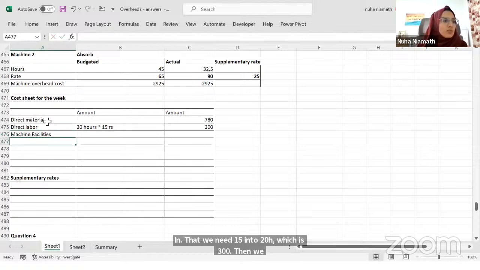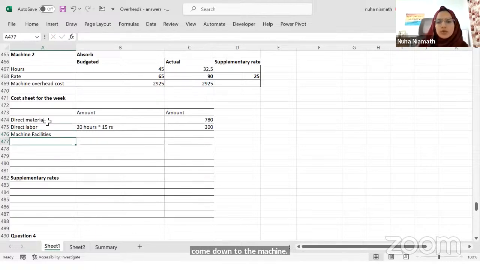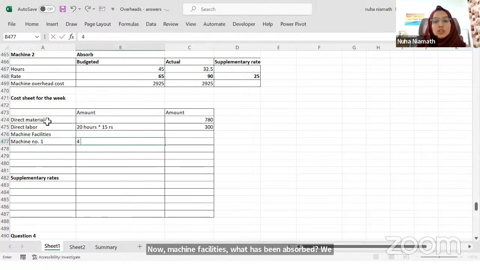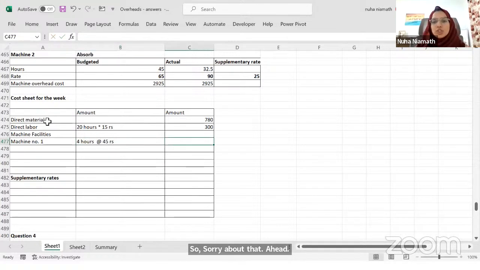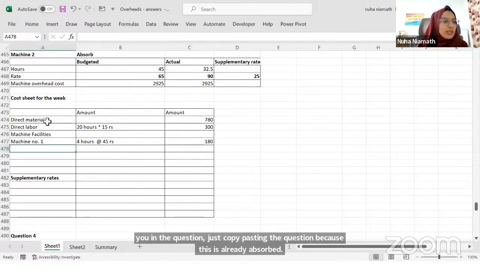Now, for machine facilities, what has been absorbed is, for machine number 1, 4 hours which was actually worked, at 45 rupees. This is already given in the question; we're just copy pasting the question because this is already absorbed. 4 hours, so that's 180.